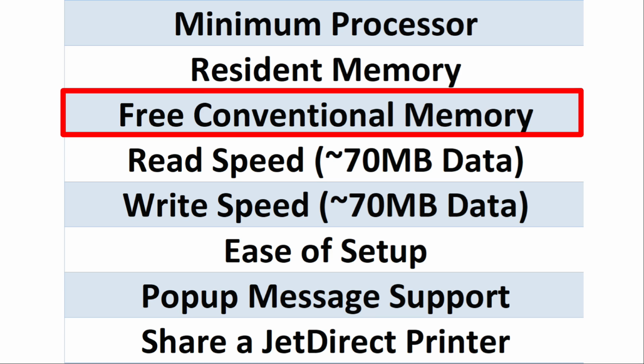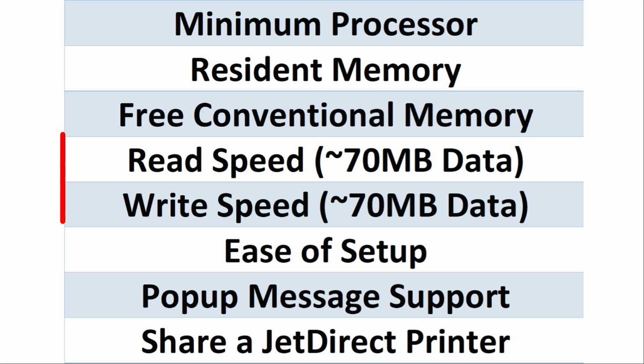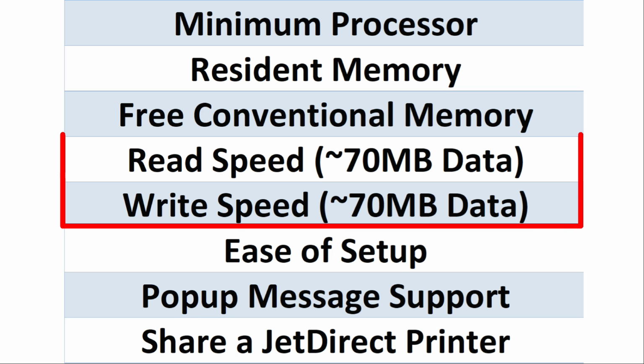Of course, this will vary for you. We're also going to look at read speed and write speed for about 70 megabytes worth of data, which will consist of programs and installers. And this will be the least scientific portion of the exercise, since, well, many conditions can vary that result in a quicker or a slower read or write speed in the real world.